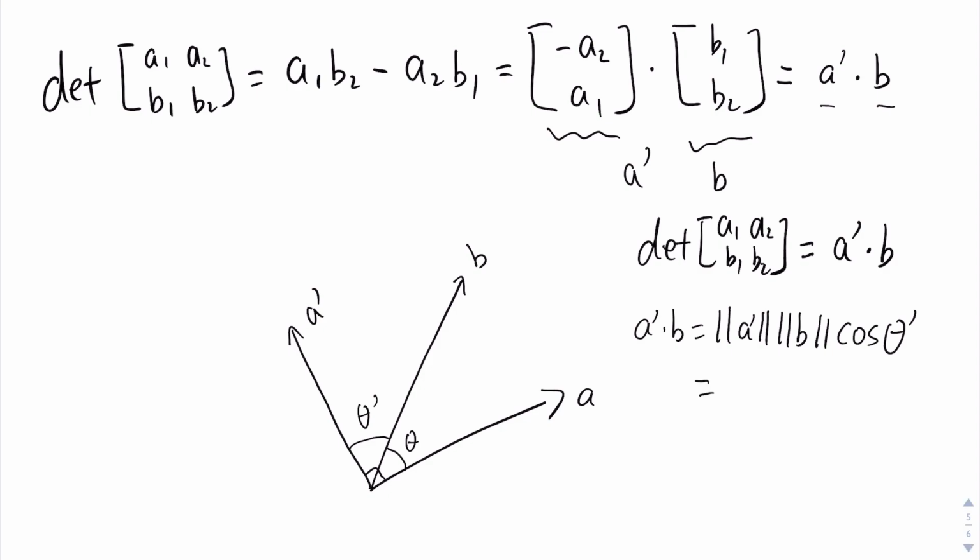And we can also rewrite this as the norm of A, because A and A prime have the same length, right? And the rest.